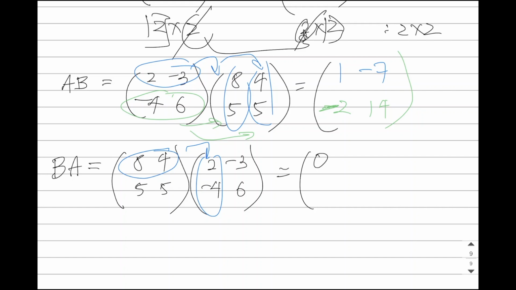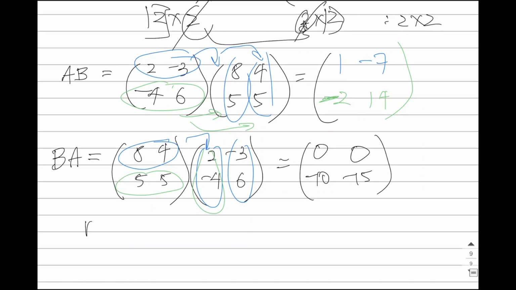It's 0. Right away, I can see that that answer is different than the one I had above. Same thing over here. I'll get negative 24 plus 24. I'll get a 0. On the bottom there, I'm going to get this next row, and I'm going to multiply it into the first column again. 5 times 2 is 10, minus 5 times 4 is negative 20, so I'm going to get negative 10. And negative 15 plus 30 gives me negative 15.